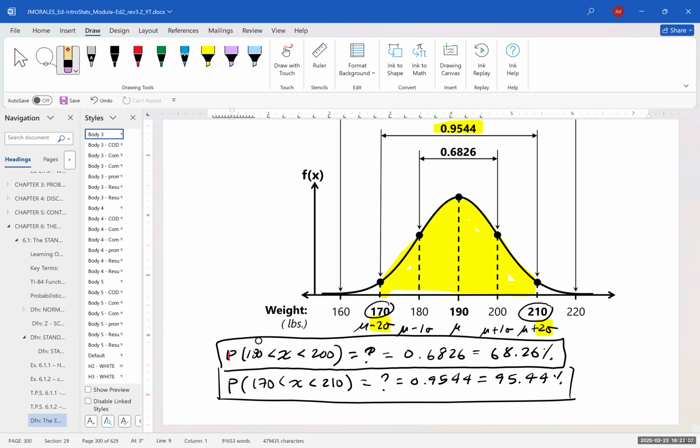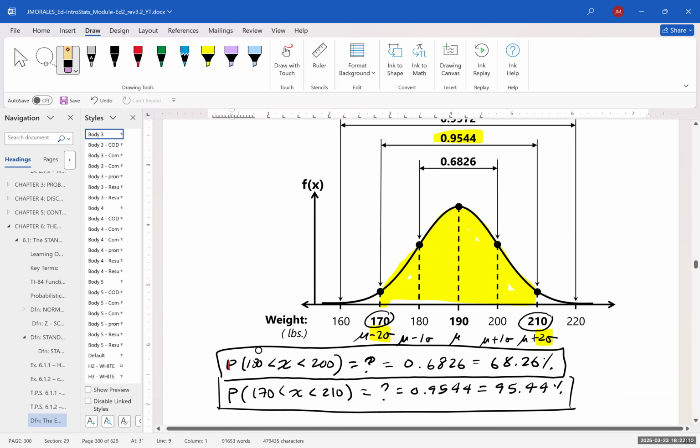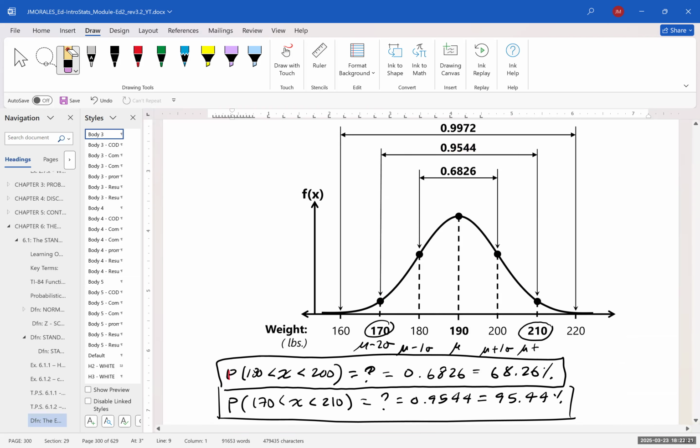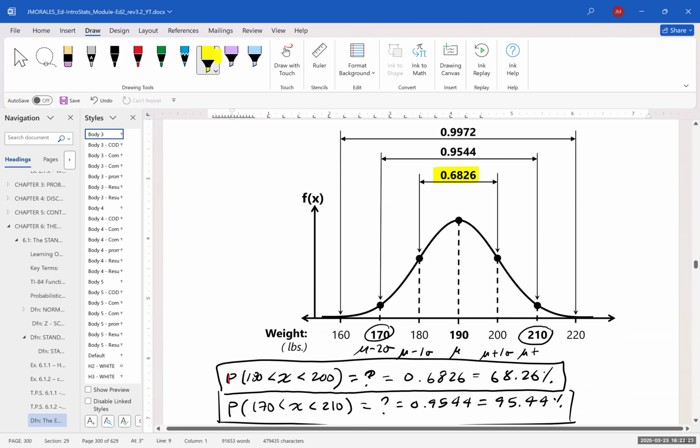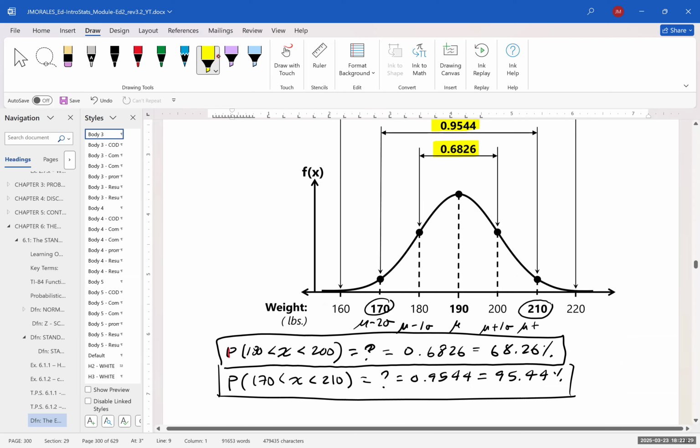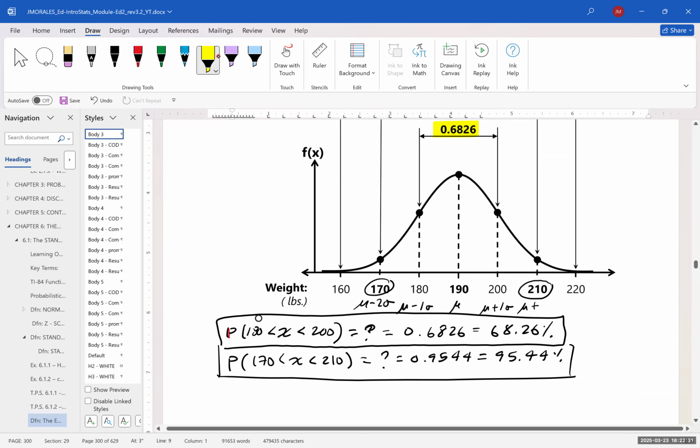Now, what makes the empirical rule convenient is that often we are only concerned with plus 1 standard deviation and minus 1 standard deviation, and so we can quickly use these areas for probabilities. Calculating the area under the curve is typically something that's done in calculus, but this is not a calculus class.